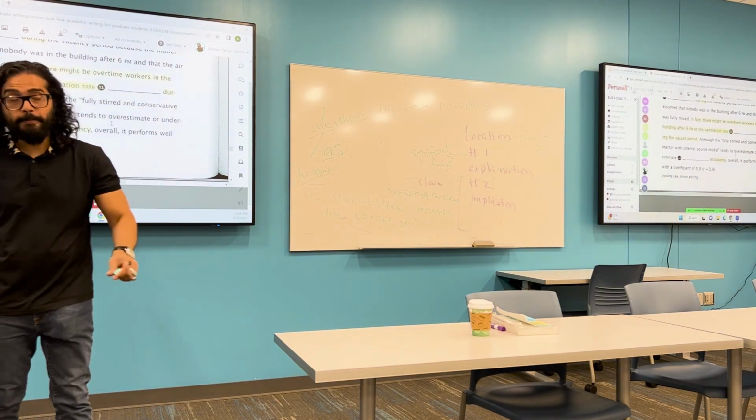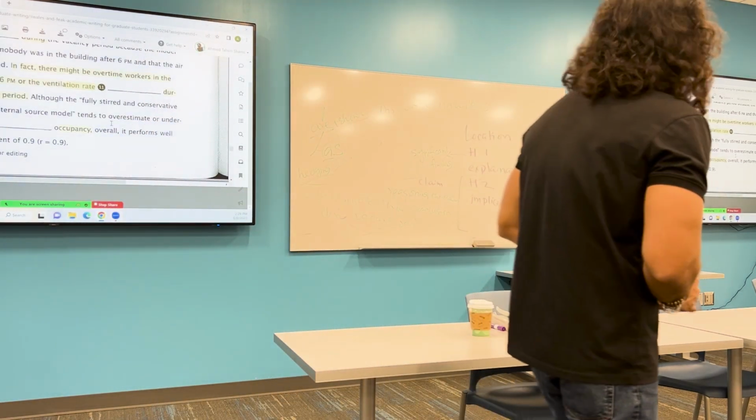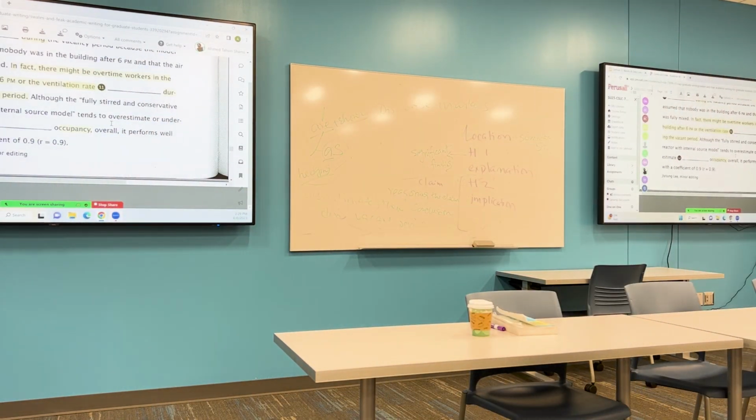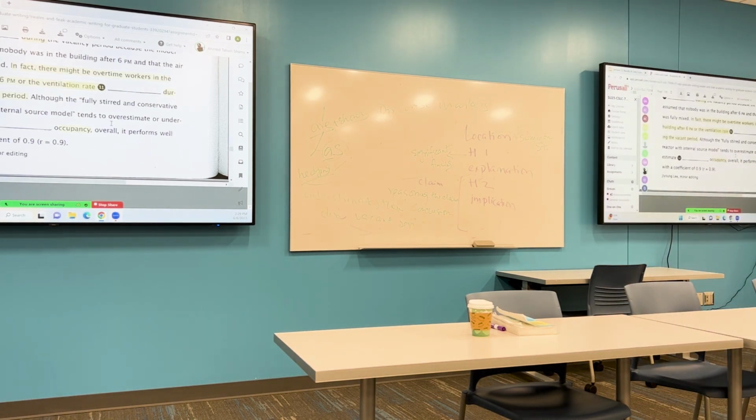The last one. Although the model is still a conservative factor, overestimate or underestimate the occupancy.